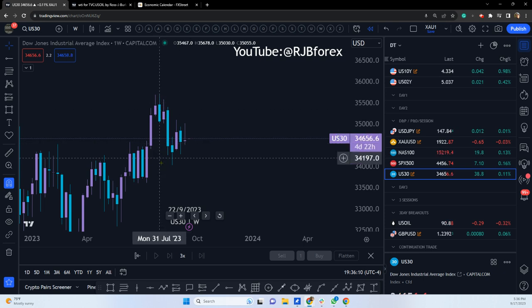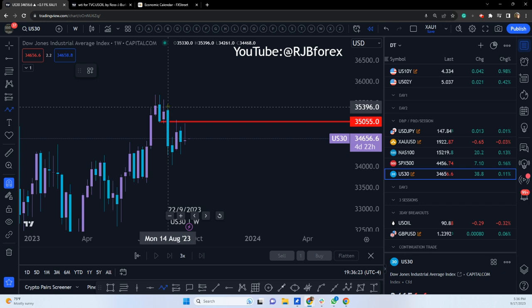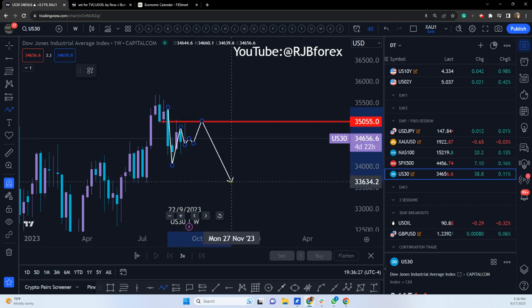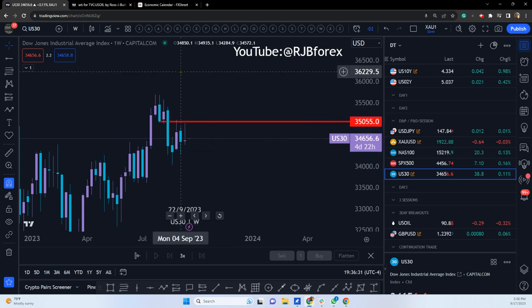So impulse correction, still in corrective mode before the rollover to the downside, or roll off. Confused terminology. So impulse, staggered correction before the move lower. Perhaps. Right, so relatively bullish, I think, on the stocks for the day ahead.